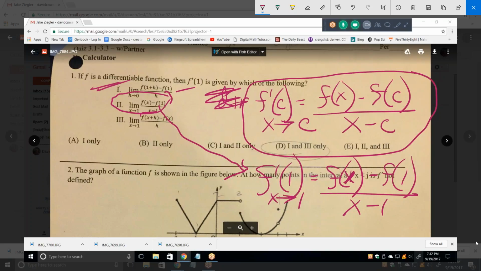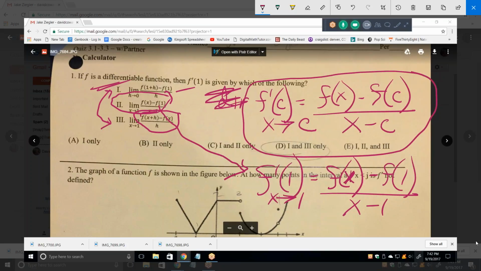3 could be 3 also, because that is the other definition, but it's as h goes to 0, which you have to do first. It's not as x goes to 1. Although as x goes to 1, 1 would be the same as 3. It's a little tricky, and I understand this stuff well. 2 is definitely correct.